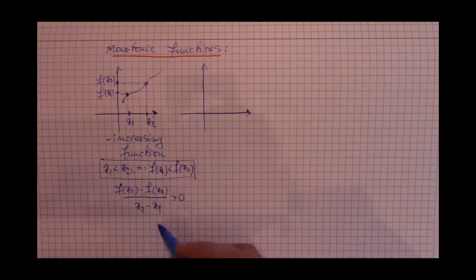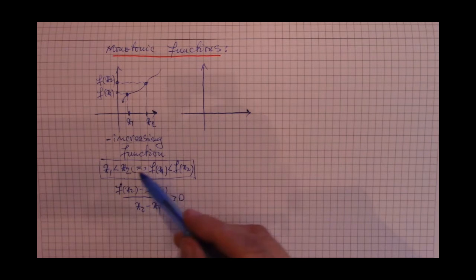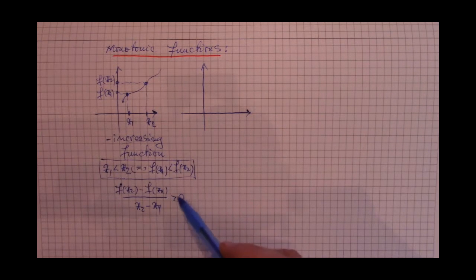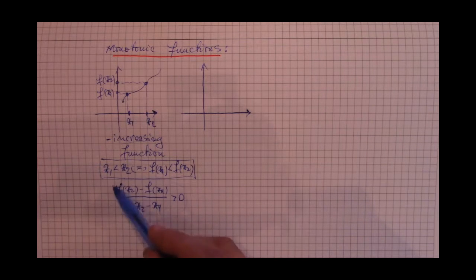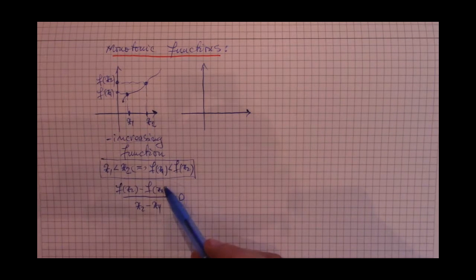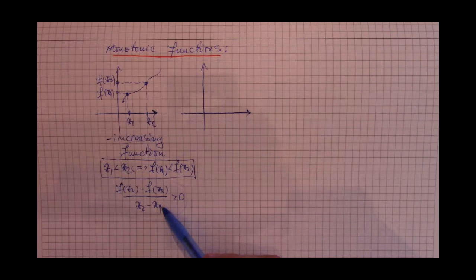The equivalence between this way of expressing the idea that the function is increasing and this way of expressing the same idea is kind of obvious, because this fraction is positive if and only if the numerator and the denominator have the same sign.